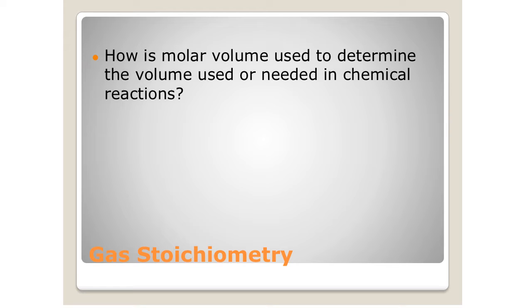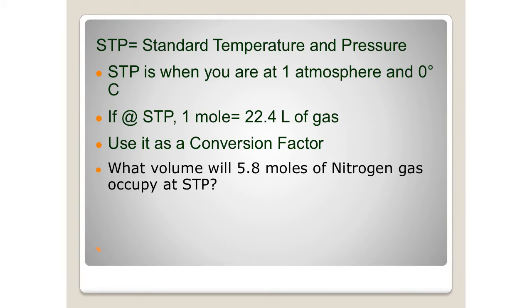So how is molar volume used to determine the volume used or needed in chemical reactions? We're going to start with, what is molar volume? In chemistry, we work with something called STP, standard temperature and pressure. Standard temperature and pressure is when you are at 1 atmosphere and 0 degrees Celsius.